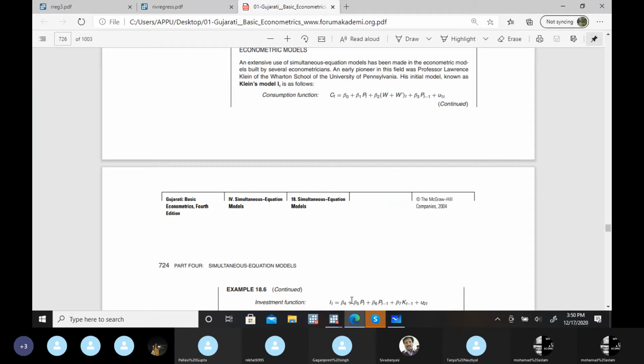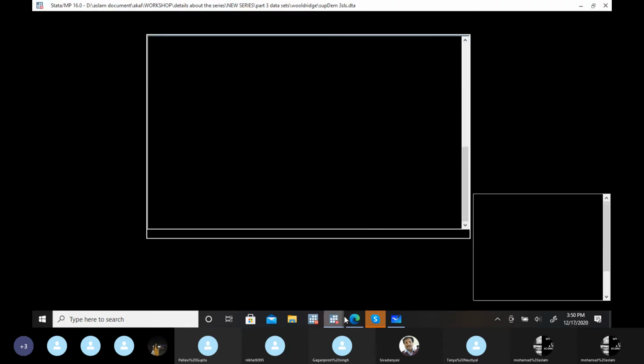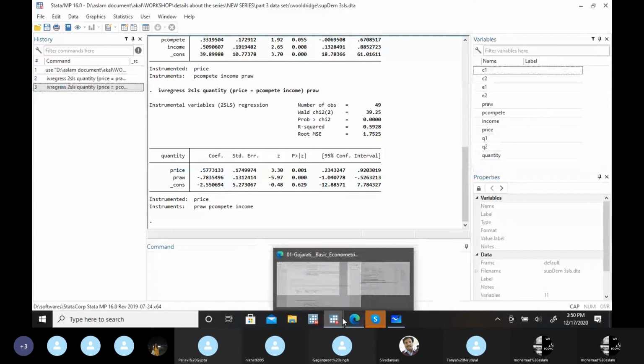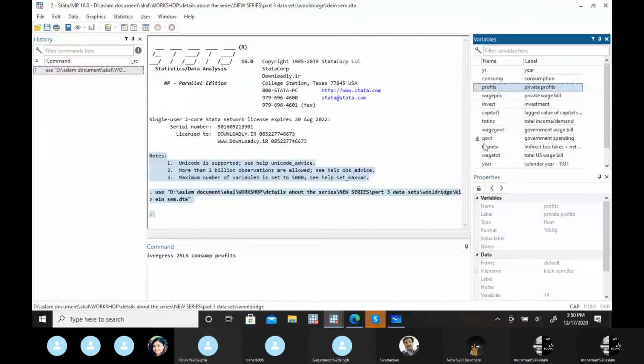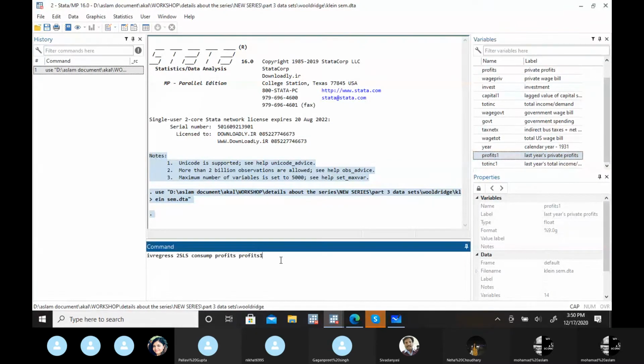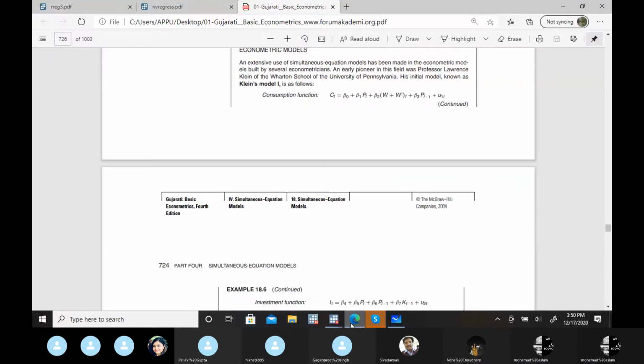First, I'll take predetermined variables. So here I'm taking this P t minus 1 and P t as predetermined variables: profit and P t minus 1. So predetermined variables of the first equation have been added.